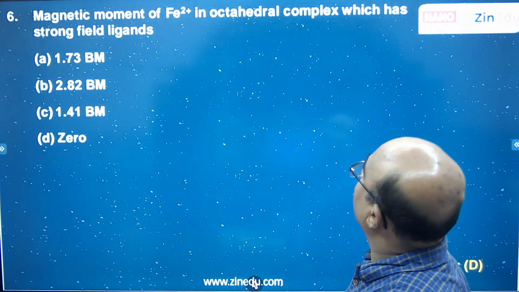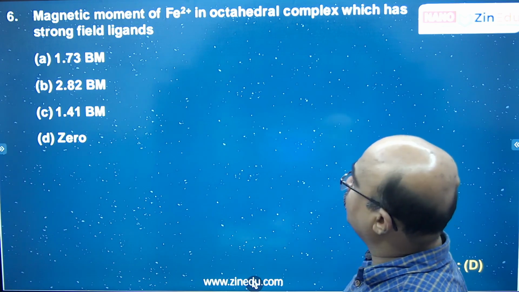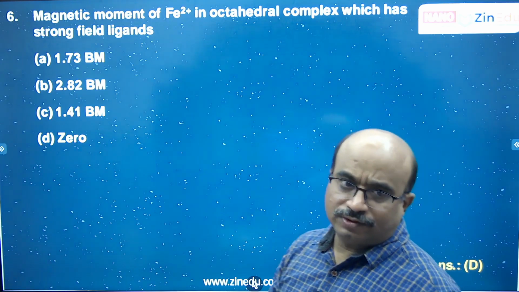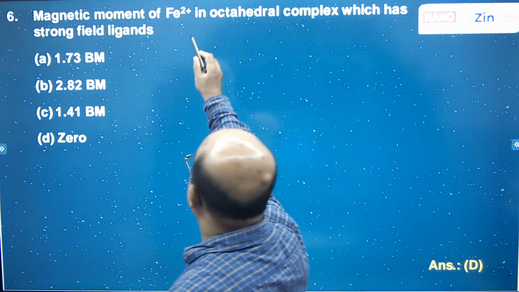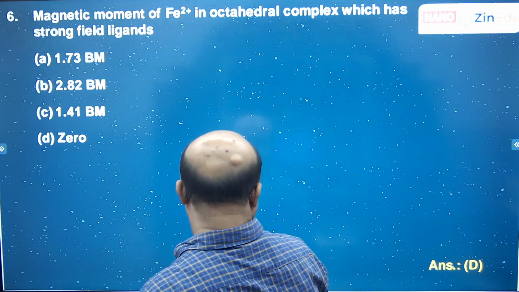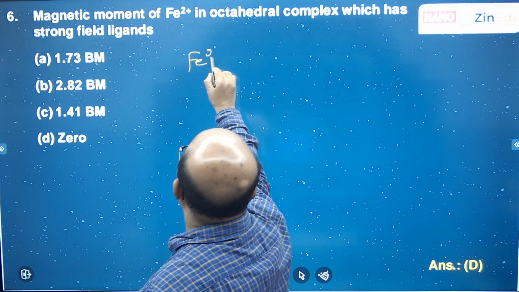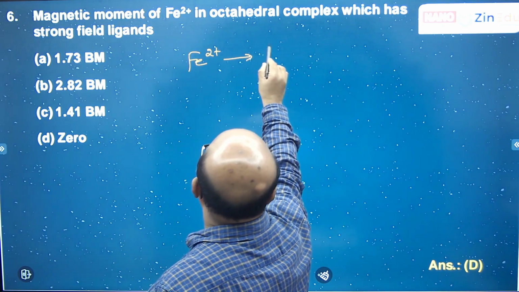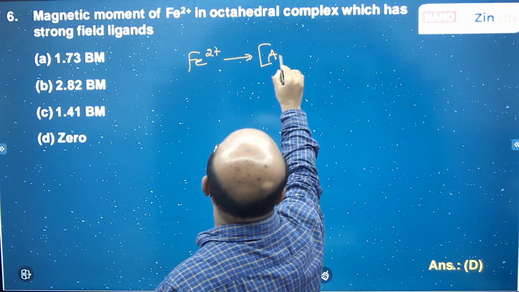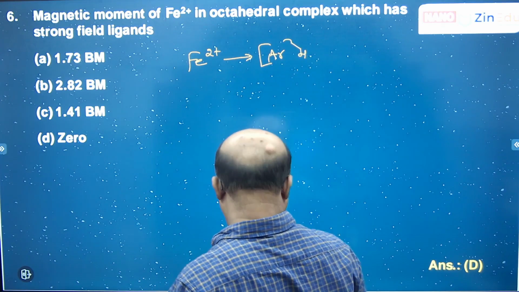Magnetic moment of Fe2+ octahedral complex which has a strong field ligand is. So Fe2+, what is the electronic configuration of Fe2+?